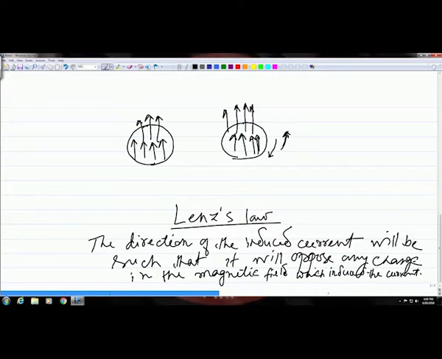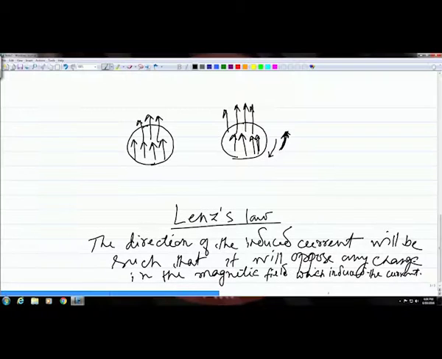Okay. So, if you consider this direction, if this be the direction of the induced current, this current will have its own magnetic field and the direction of that field can be found by right hand thumb rule. So, if this is the direction of the thumb of your right hand, then the fingers will point towards the magnetic field being generated by this current. So, if you put your thumb around this, you will see the magnetic field direction will be like this.